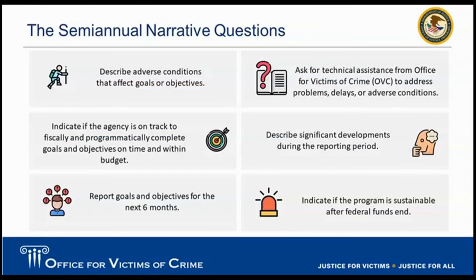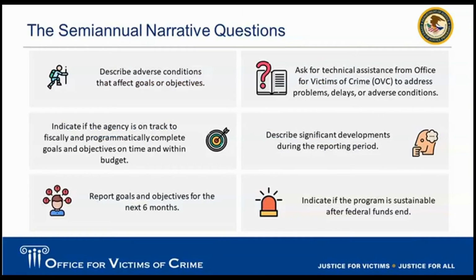Okay, so let's talk a little bit about the semi-annual narrative questions. We get a lot of questions through the help desk around what do we do with the semi-annual narrative questions. I know they are cumbersome, but they are extremely helpful to OVC and to your grant managers, and they should also be helpful to you all.